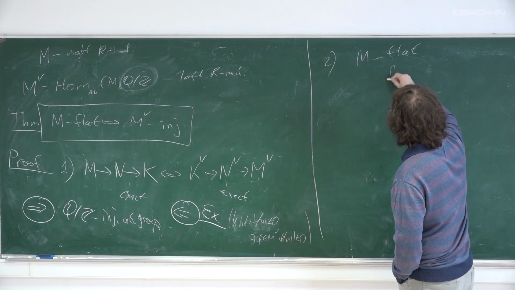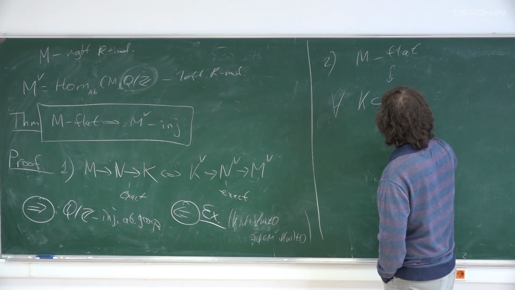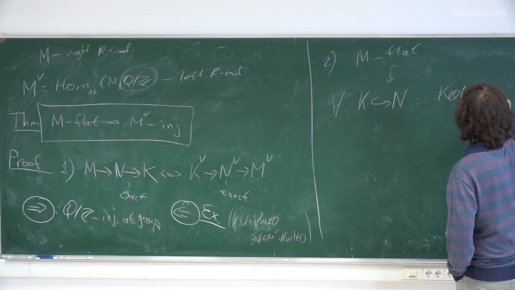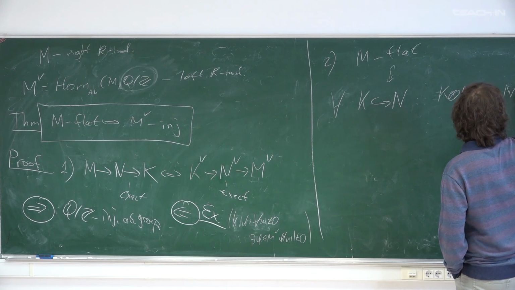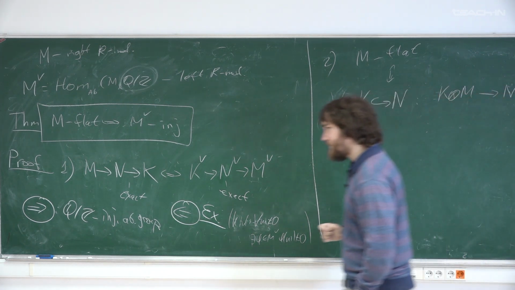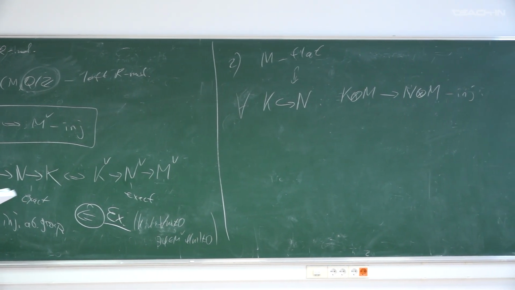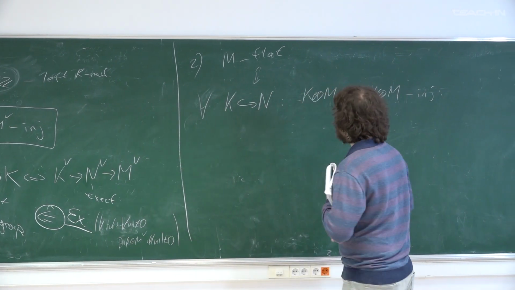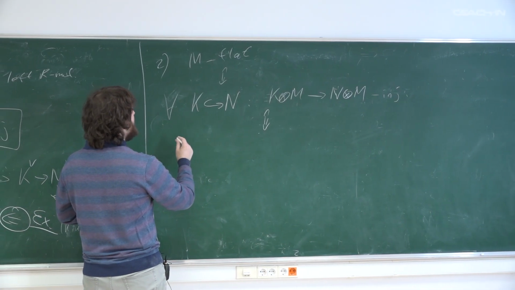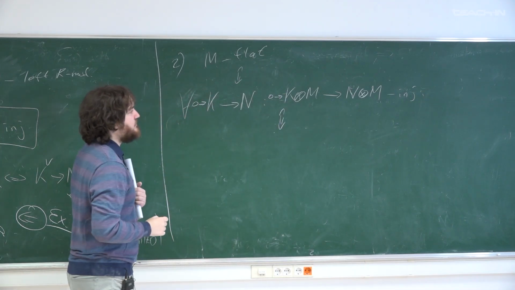If and only if for any inclusion K to N, the map K tensor M to M tensor N is also injective. It's equivalent to say that if I have this short exact sequence, then this sequence is also exact.